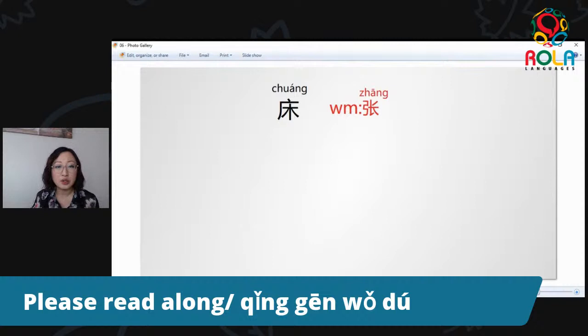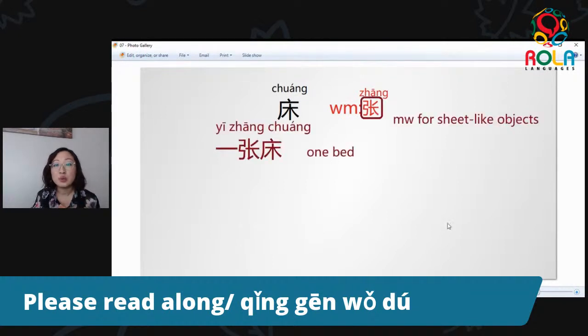We briefly dipped into this measure word before, which I explained to you guys that 张 is the measure word usually for sheet-like objects, like a piece of paper, a piece of newspaper, or a piece of carpet. So, for example, a piece of paper, we say 一张纸.